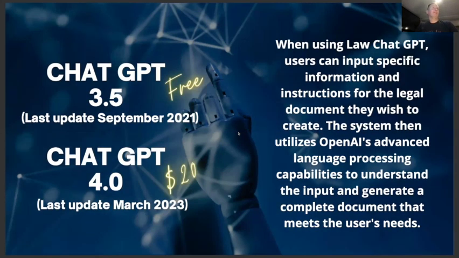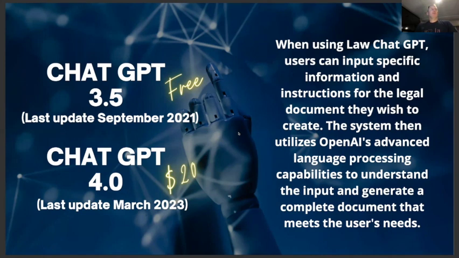The last update for ChatGPT 3.5 was in September of 2021, so it can't really reference much in the way of case law from before September 2021. We'll also be talking about ChatGPT 4.0, and the latest update for 4.0 is 2023, and that costs $20 a month, US dollars, for a subscription.